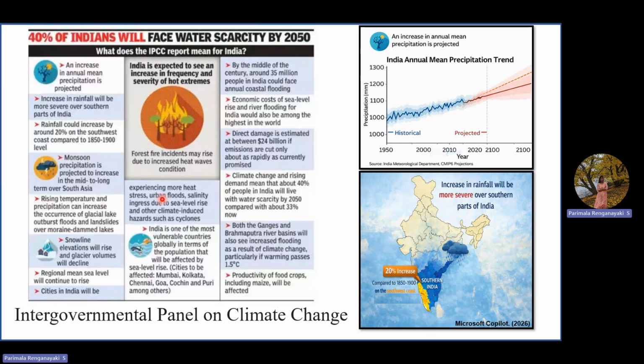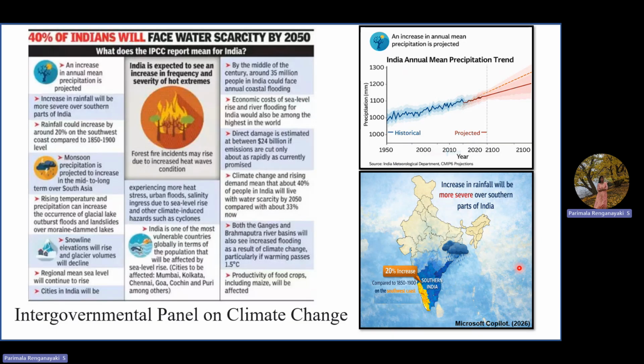That too, because of what is expected, as per the Indian Meteorological Department, that the Indian annual mean precipitation trend is projected to increase. Because of this, there may be flooding in India. And also, more rainfall is expected in the southern part of India than the northern part.